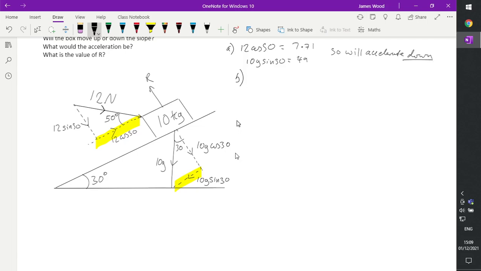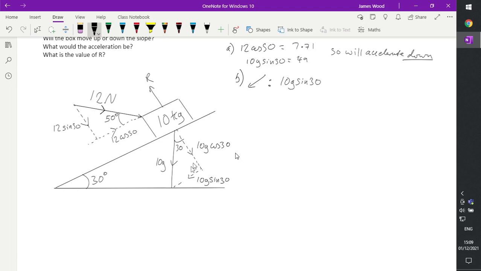Now we've actually got to find out at what rate it will accelerate down the slope. So I'm just going to get rid of these highlights. If we look down the slope, just because that's the direction it's accelerating, we now know, down the slope, I've got 10g sine 30.